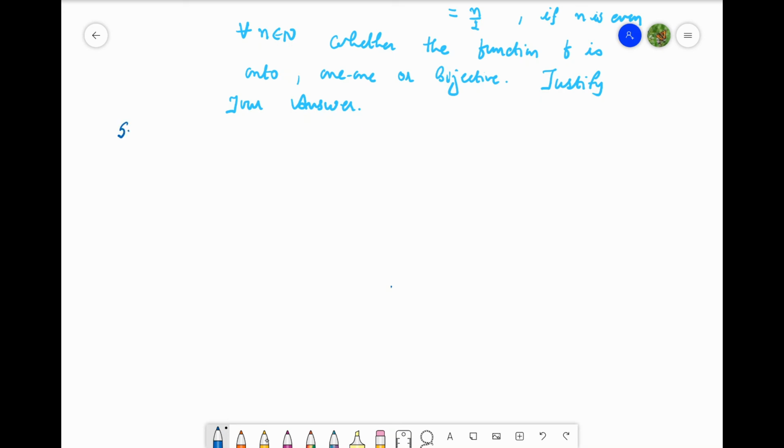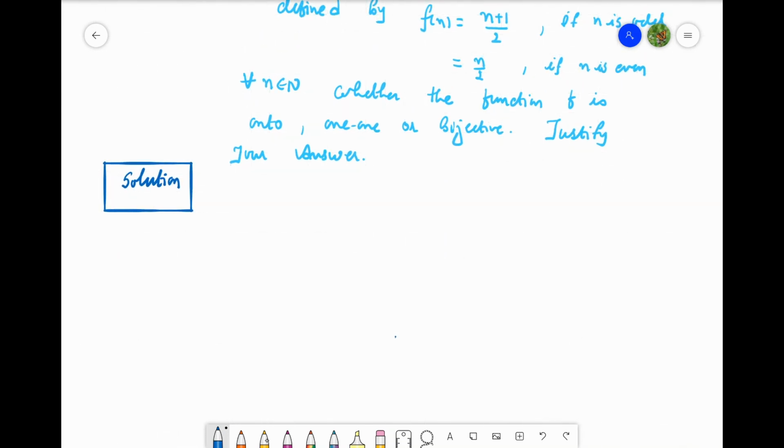So let us discuss the solution. In such type of example, find out at least 4 to 6 images of distinct elements, so easily you can get an idea. Now check the definition. If your n is odd, use this definition, and if n is even, use this definition. So let us see it one by one.